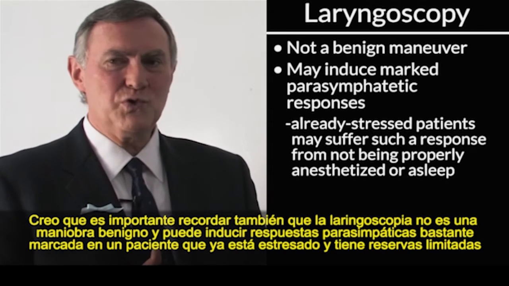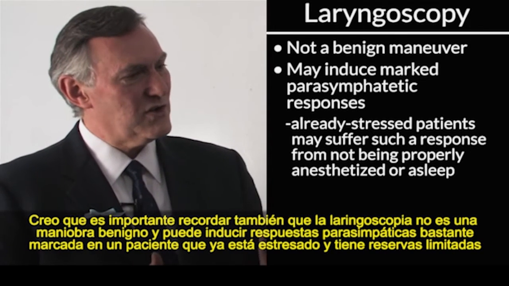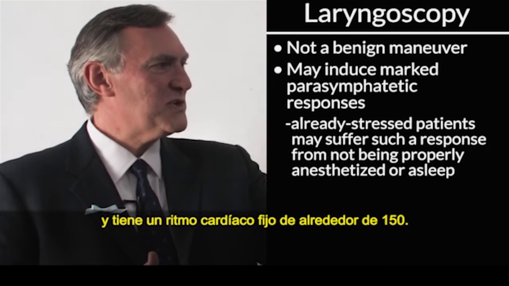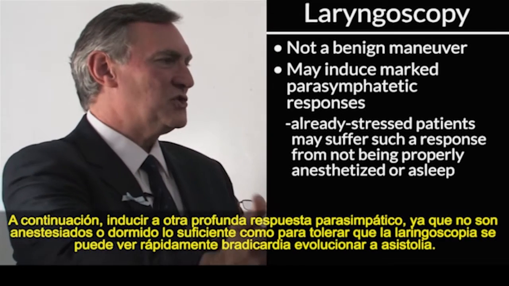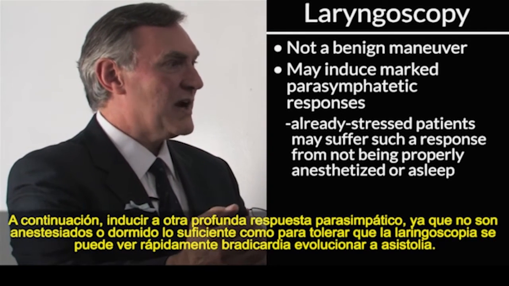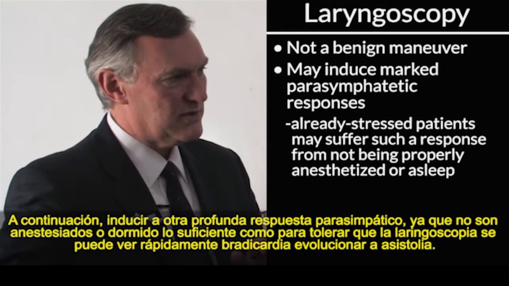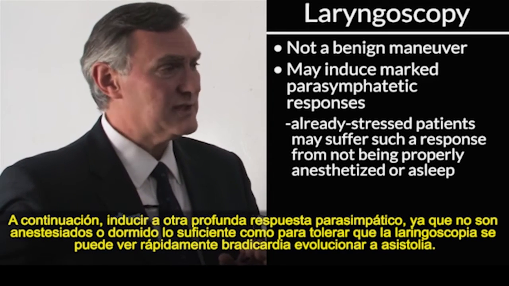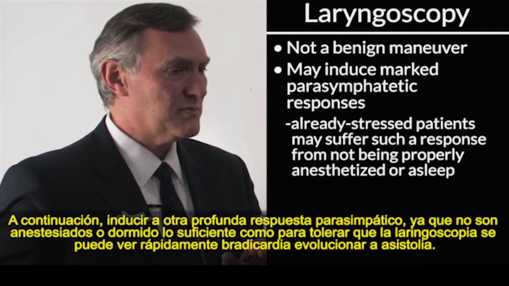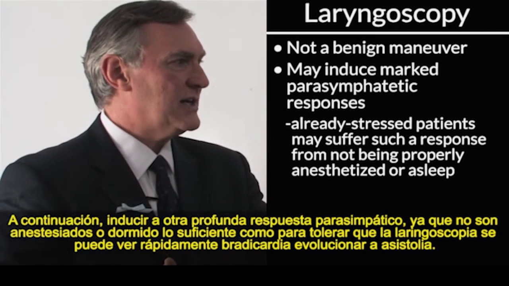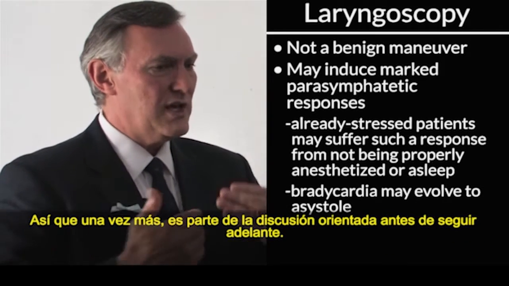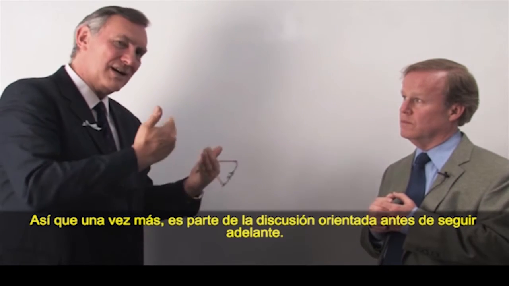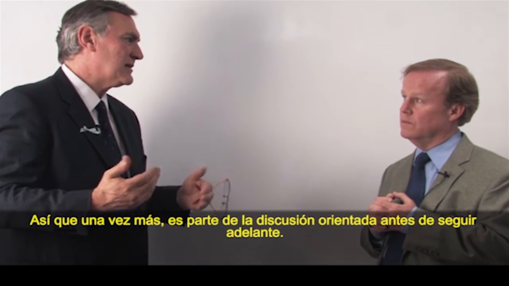If you have a patient who's already stressed and has limited reserve and a fixed heart rate of around 150, you then induce another profound parasympathetic response because they're not anesthetized or asleep sufficiently to tolerate that laryngoscopy. You can rapidly see bradycardia evolve to asystole. So once again, that's part of the targeted discussion before going ahead.